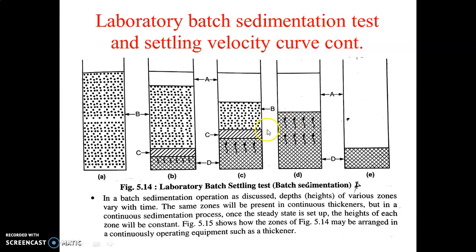If we keep this slurry as it is, all the particles present in zone D are compressed and move down, zone D shrinks, its size decreases, and the size of zone A increases at the end of the experiment.